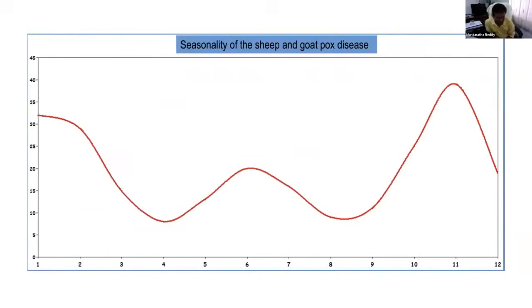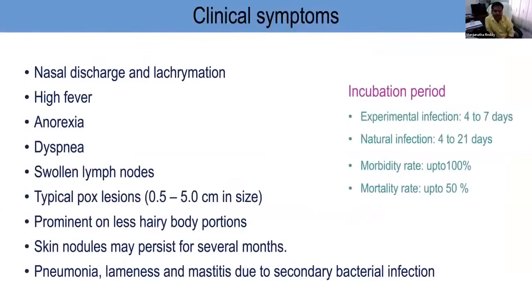This is again 30-year data, plotted with 1 meaning January and 12 meaning December. There is some seasonality of the disease. Two peaks happen from winter ending to summer. Then once the monsoon starts, from 4 to 8, that is up to August, there are two peaks of the disease.